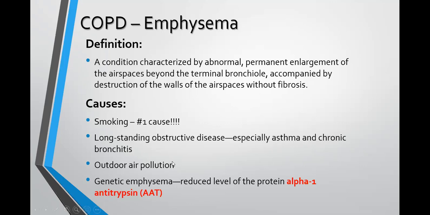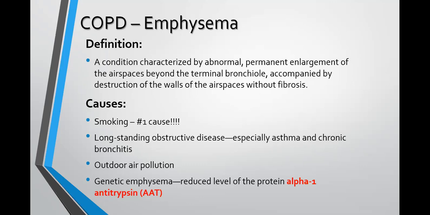Outdoor air pollution. Outdoor air pollution can destroy the lungs. Okay. And another thing, it can be genetic. Emphysema can come not even from smoking. That's the number one cause, but it can come from not smoking. It can come from just genetic, and that will be a reduced level of alpha-1 antitrypsin.